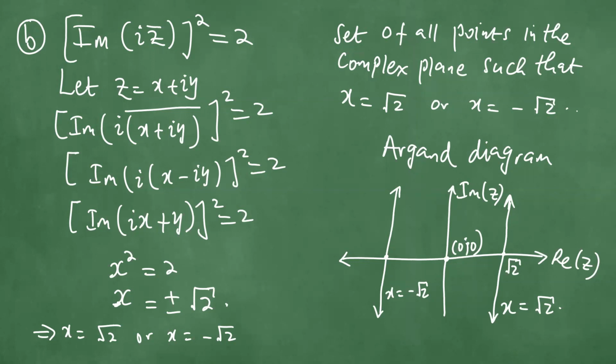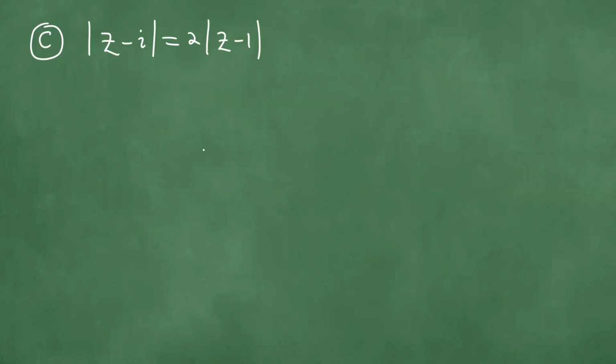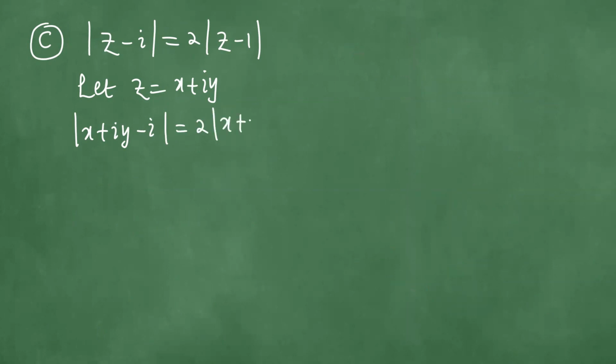Similarly, when you get to this point, we let z be x plus iy. And when that happens, minus that, which is minus that.